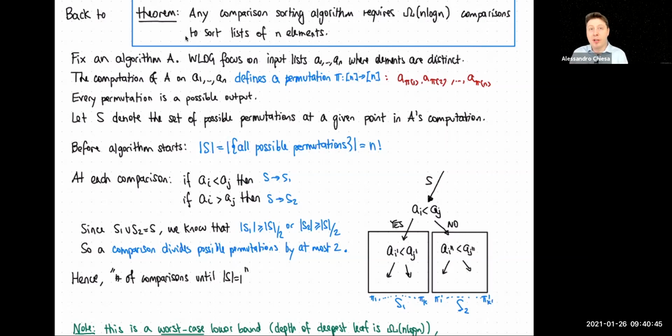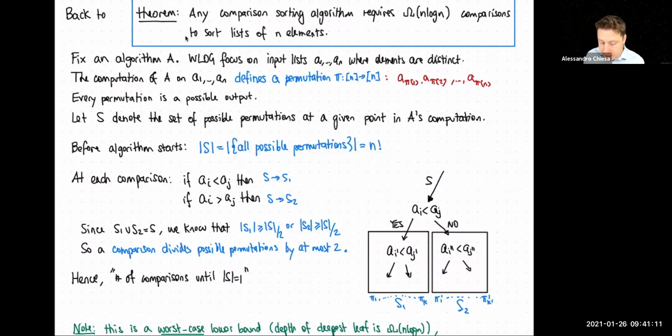So it cannot go down too fast, all right? Now, for the algorithm to finish its computation and have a correct answer, it has to reduce the size of S many times until the size of S is 1, all right? But now we know that reducing the size of S cannot be too fast. You want to reduce it a lot, you need a lot of comparisons, all right?